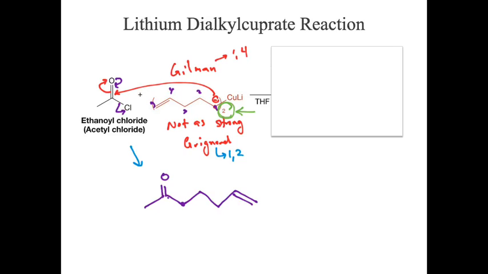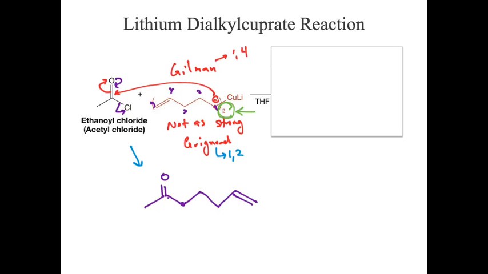It's a freaking negative carbon. It's connected to a metal, just like a Grignard is. But the difference in electronegativity between carbon to magnesium versus carbon to copper is different enough to weaken the strength of that carbon nucleophile. It weakens it so much that it actually will not do an addition to the polar pi bond.